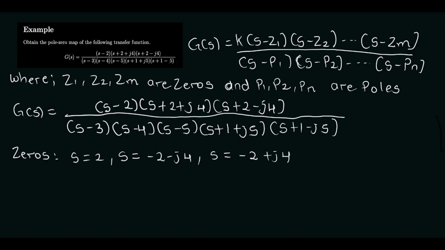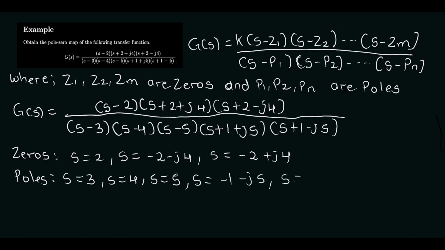For your poles, you have s equals 3, s equals 4, s equals 5, and s equals minus 1 minus j5, and s equals minus 1 plus j5.